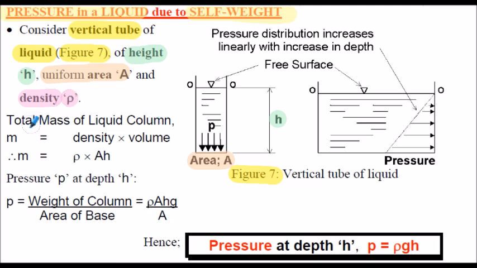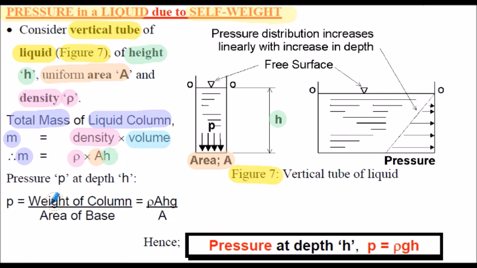The total mass of the liquid column can be calculated from the formula of mass is equal to density times volume. So in symbol form, M is equal to rho, the mass density, multiplied by the cross-sectional area of the column, multiplied by height h of the liquid column.